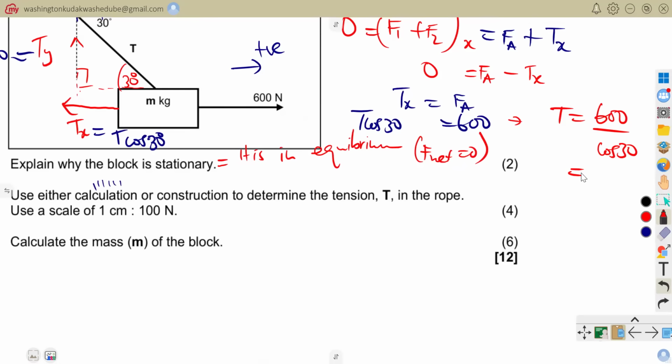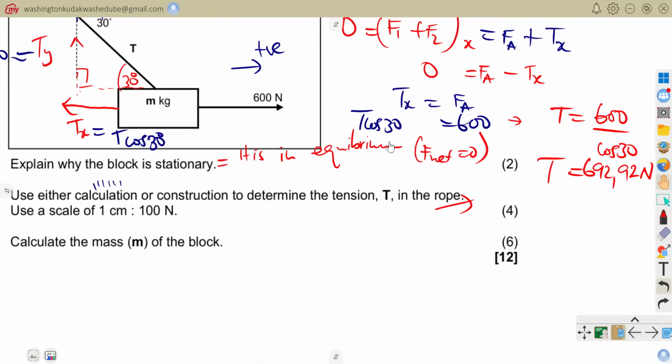So using my calculator, I'm getting an answer of 692.92. So my T becomes 692.92 newtons. That becomes the value of my tension by calculation.